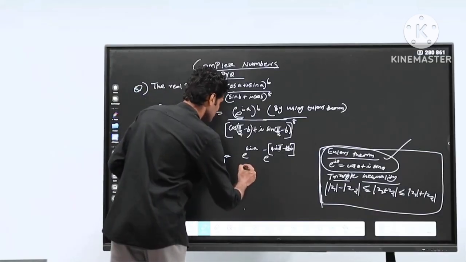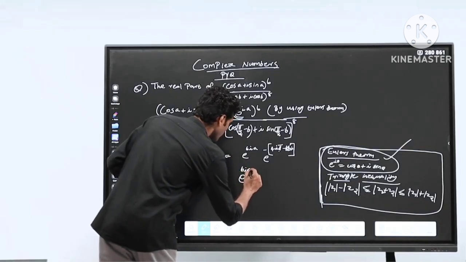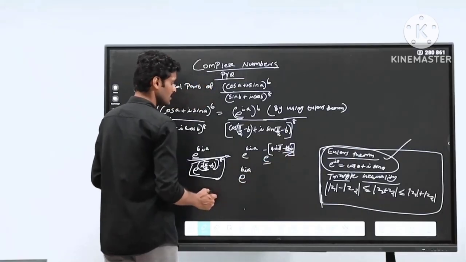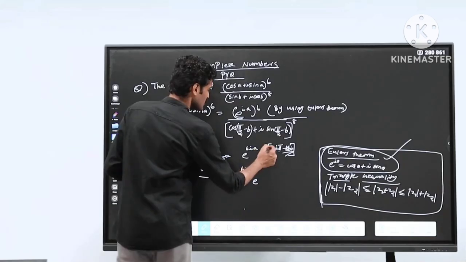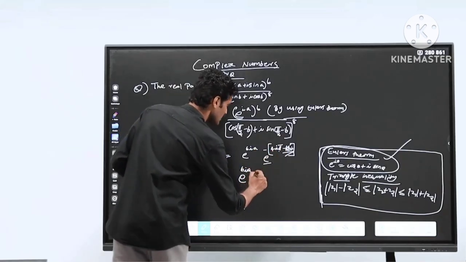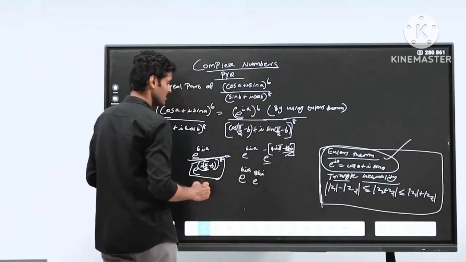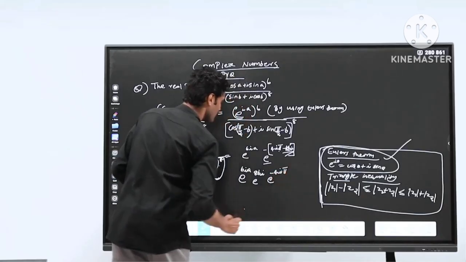So from here e raised to 6ia, and also we can take the third term. It is e raised to minus and minus is plus, e raised to 8bi together, and e raised to minus 4i pi.